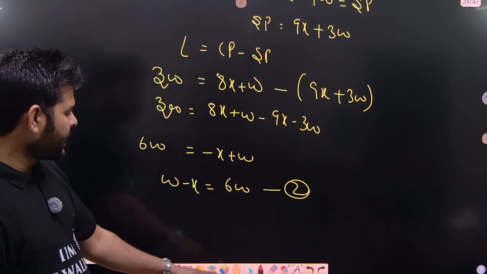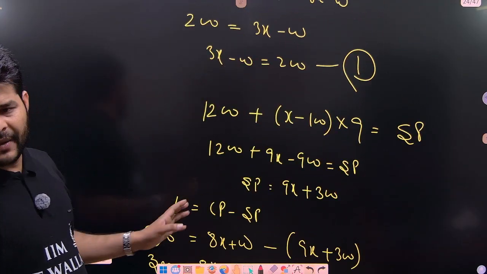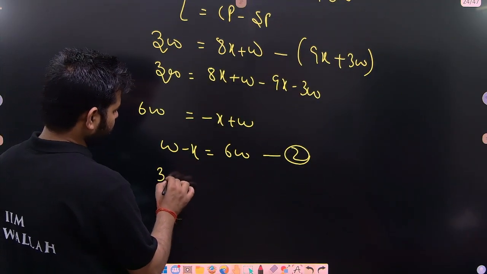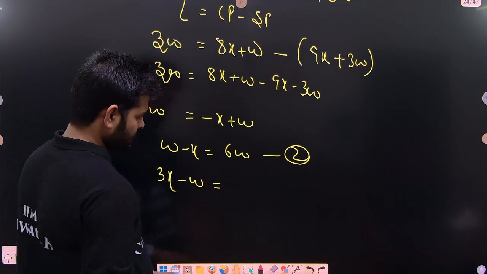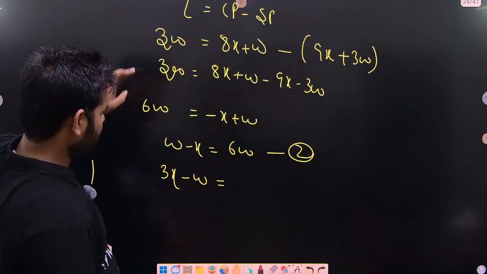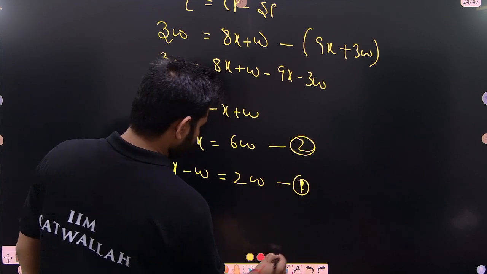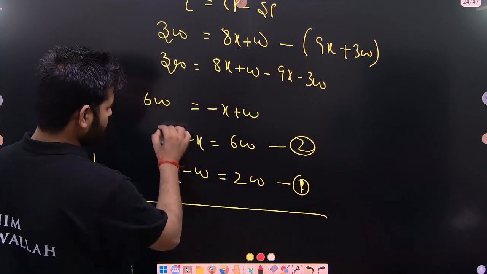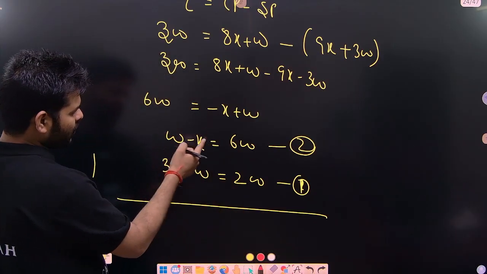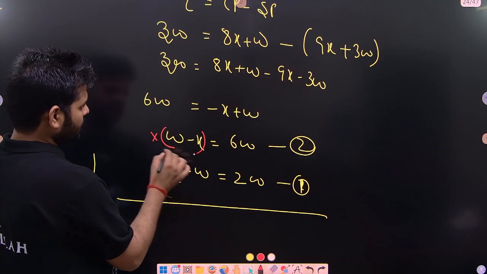We have already made equation number 1, and we have been asked for W. According to equation 1, 3x minus W is equal to 200. Now we need to cancel out x, so multiply equation 2 by 3.